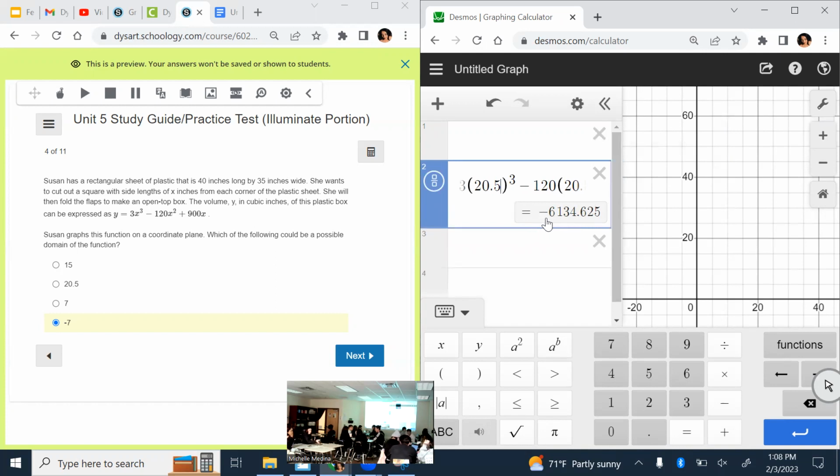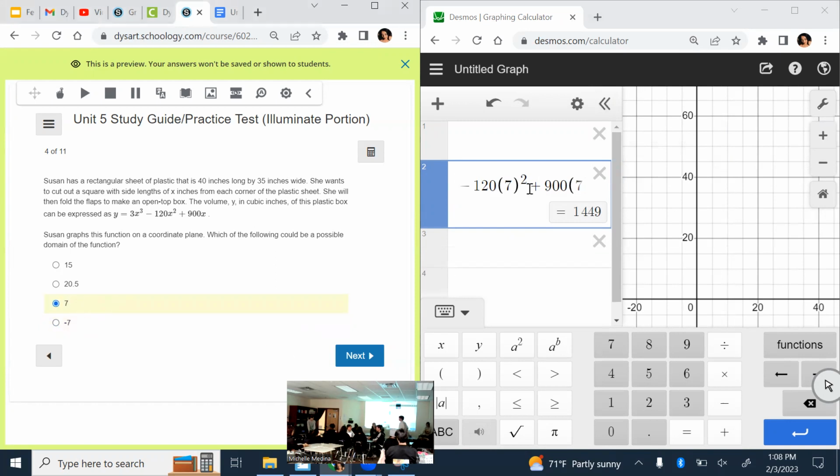Does this one make sense? No. No, the one I entered, the 20.5. Does this answer make sense? So then you keep going down the list. All right, does this answer make sense?